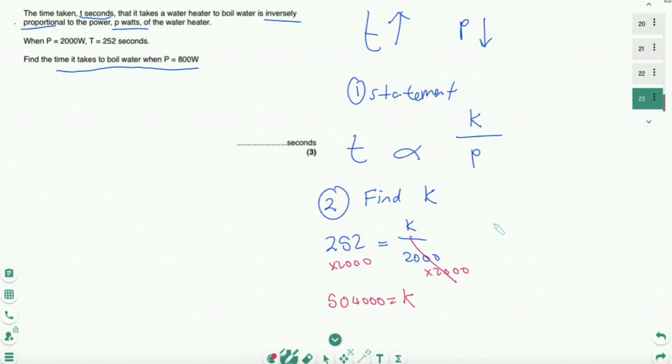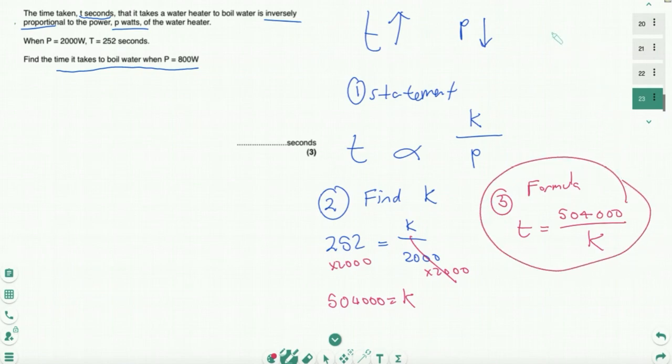All right. So we're still just using our three-step framework from the last question. Statement, find k, and formula. T, instead of the proportion sign, it has to be equals to. Our k value is 504,000 over p. All right, and that's how you get the first couple marks, just giving the formula. And now we can use our formula to find the time taken when p is 800.